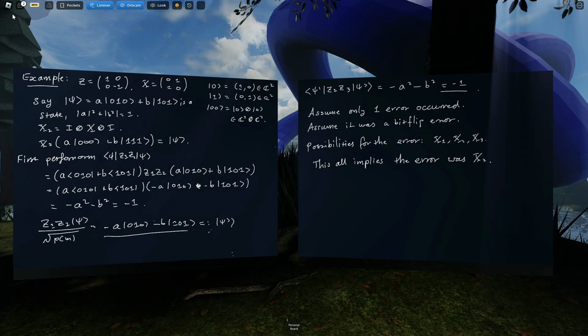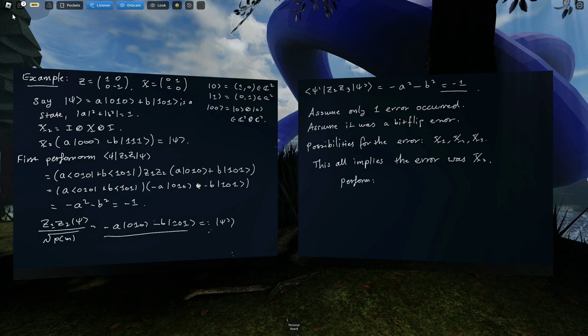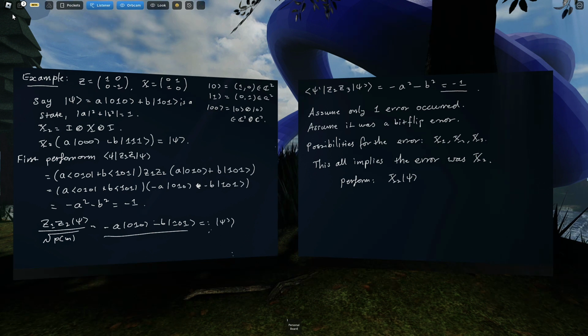So then what we can do is perform this to the vector psi, and we'll be able to recover the original message, which is just some state inside a vector, inside the Hilbert space. Well, what we really need to do is apply x2 to the vector that we get after the measurements that we've performed, right? But I suppress that part of the story.